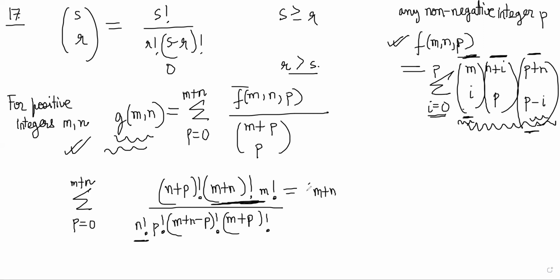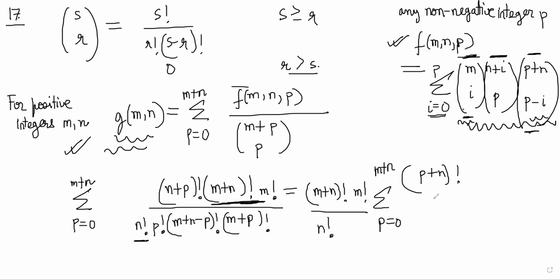First, I will take these things out by n factorial, and I'm left with the summation P goes from 0 to m plus n of P plus n factorial by P factorial, m plus n minus P factorial, and m plus P factorial, right?